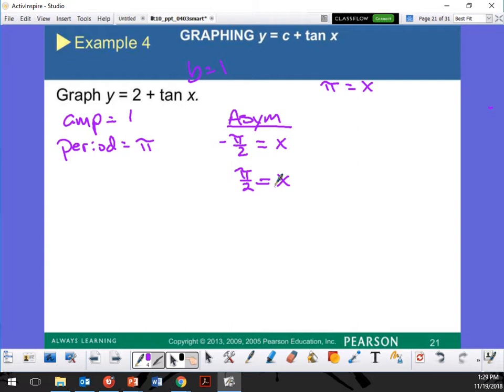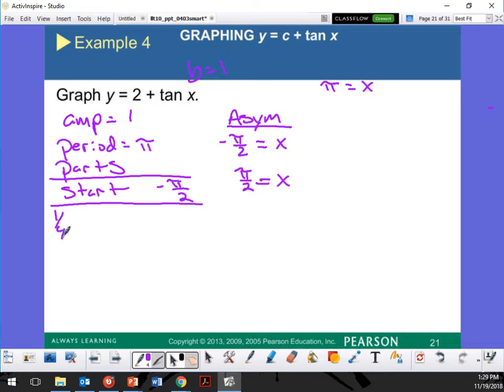So that's going to help me out because the negative pi over 2 I'm going to call what? Start. That is my start. So my start is going to be negative pi over 2. Then 1/4, 1/2, 3/4, and end.